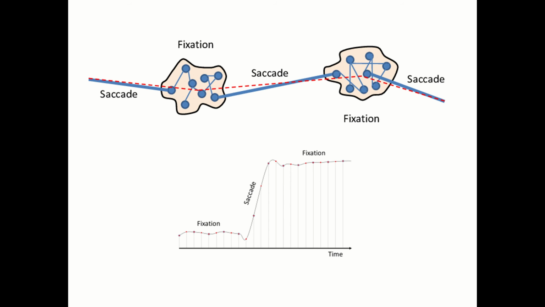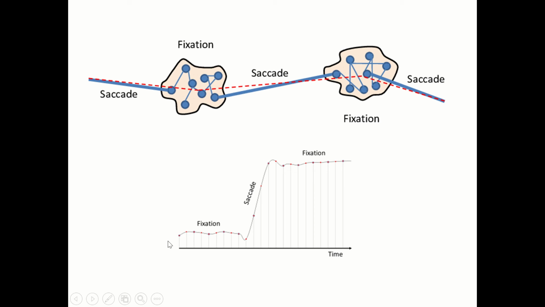Within the computer software, you decide a certain radius or distance from each point, so that these data all are basically looking in the same general area. Those are lumped together into fixations. And in between each fixation, you have these jumps that your eye makes to a new area, and you have a new set of fixations.